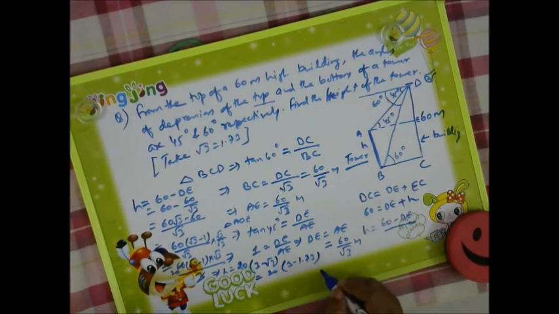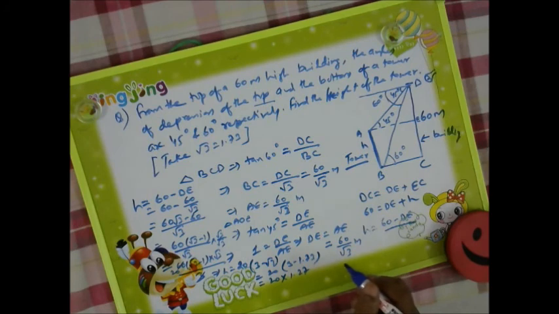If we subtract 3 minus 1.73, what value do we get? We get 1.27. So 20 into 1.27.